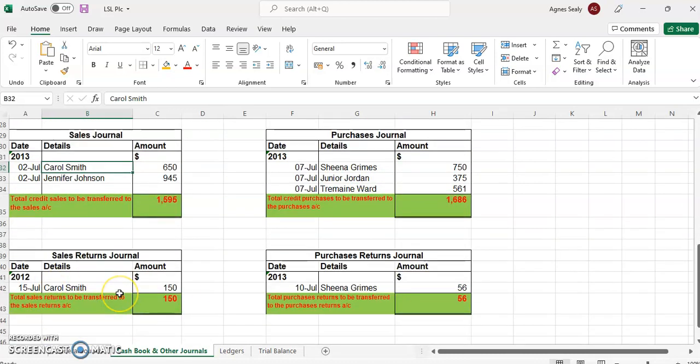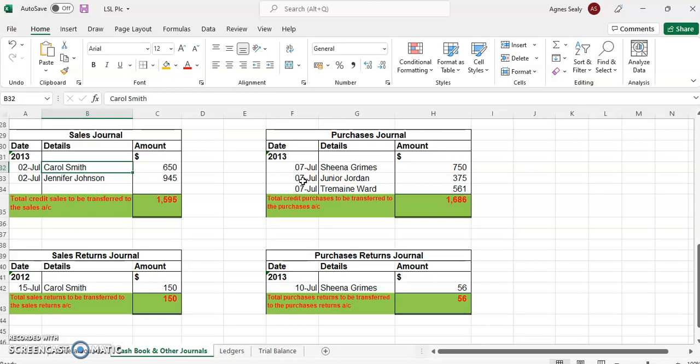We're going to have a sales return account and a purchases return account as well, because you must remember that there are 4 accounts that deal with the movement of inventory in and out of the business, which are sales, purchases, sales return, and purchases return.